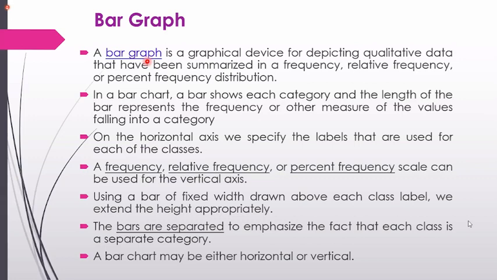And on the horizontal axis, we usually specify the labels that are used for each of the classes, the categories of the variable. And on the vertical axis, we use the frequencies, relative frequencies or percentage frequencies.